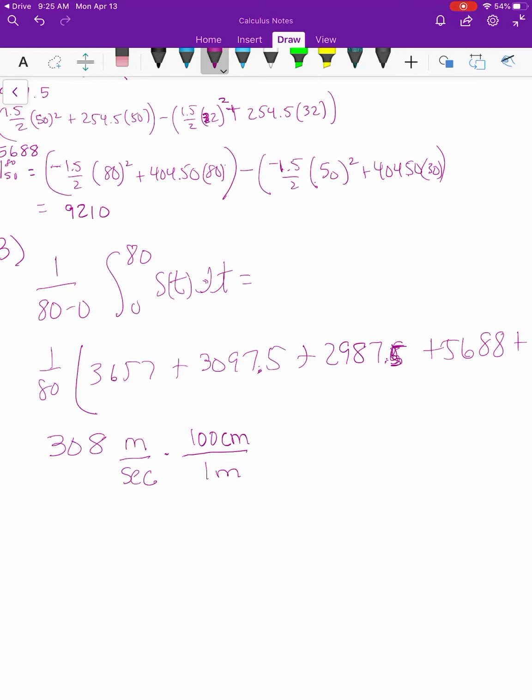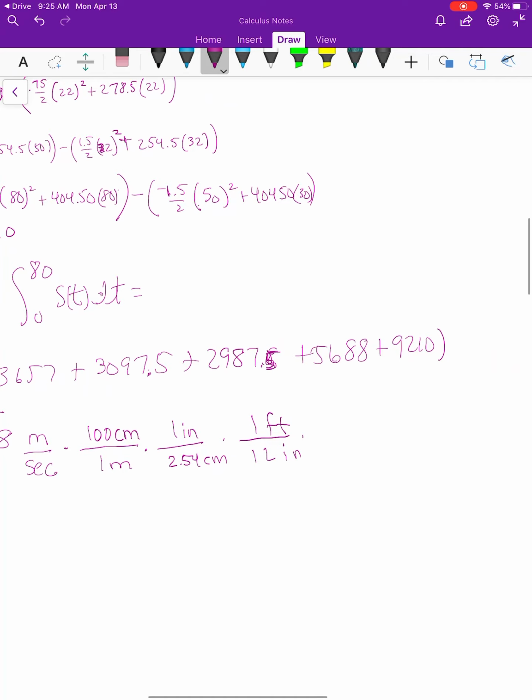So we're going to go ahead and convert this to miles per hour. To do that, if I'm trying to go from meters to miles, I go to centimeters, because I know 2.54 centimeters is 1 inch. And then I go from 12 inches to 1 foot, and then I can easily go to miles, since 5,280 feet is a mile.